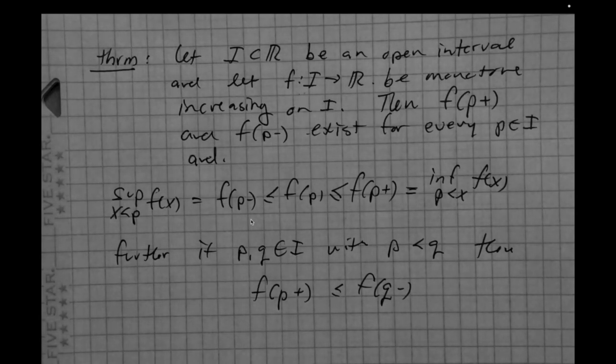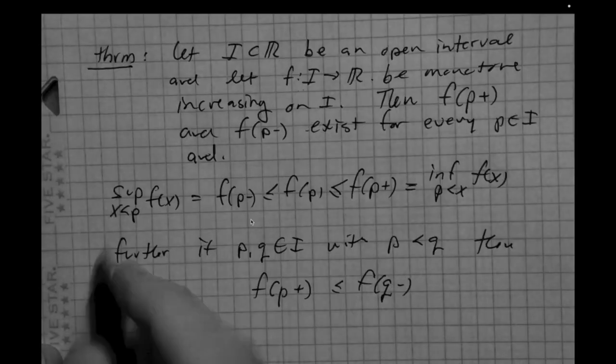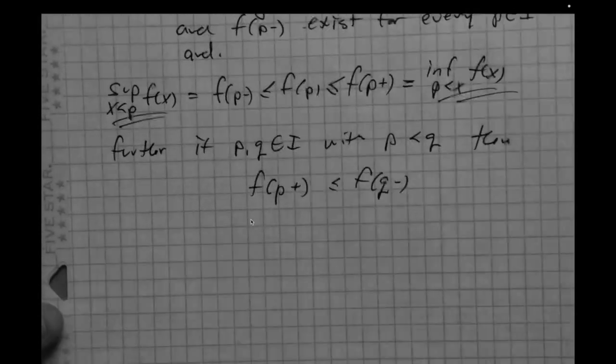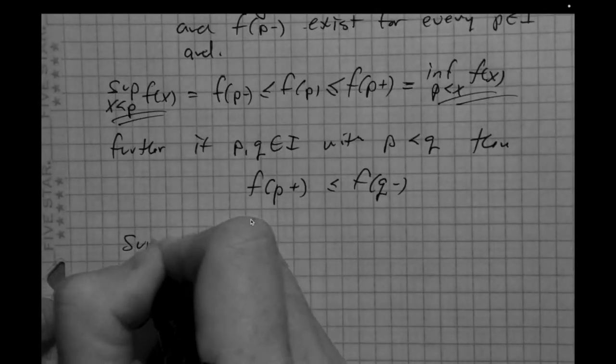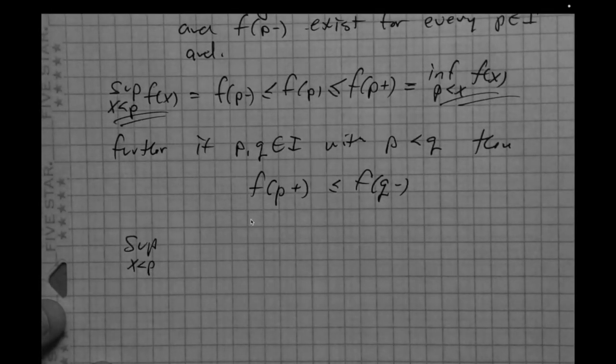Okay, so let's break this apart for a second here. So in particular, let's talk about this section here. Like, what does this mean? Because sometimes this notation can throw people. When we say the supremum of x less than p, what is that?